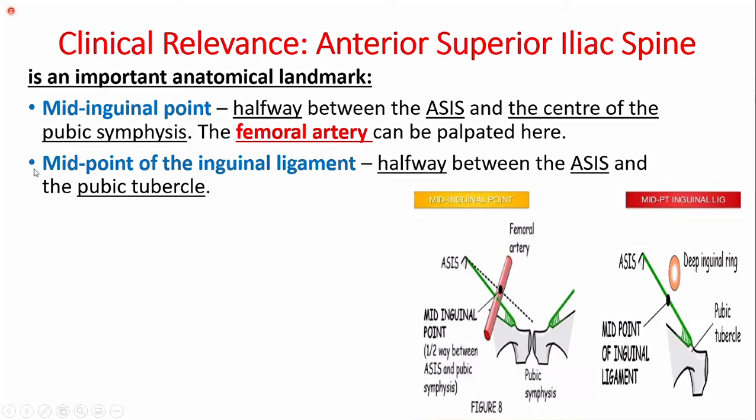And then you have the midpoint of the inguinal ligament. So you have the inguinal ligament. Basically, this is extending from the anterior superior iliac spine, but instead of going to the pubic symphysis, it only extends to the pubic tubercle, and you have the deep inguinal ring.